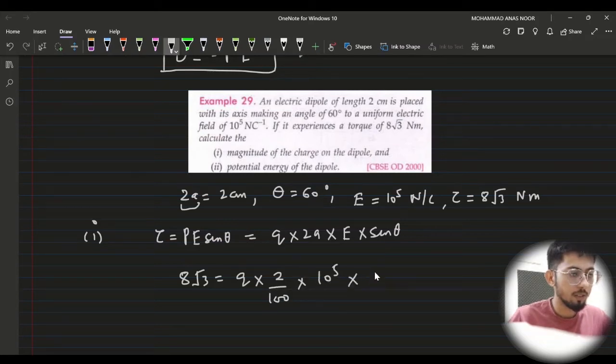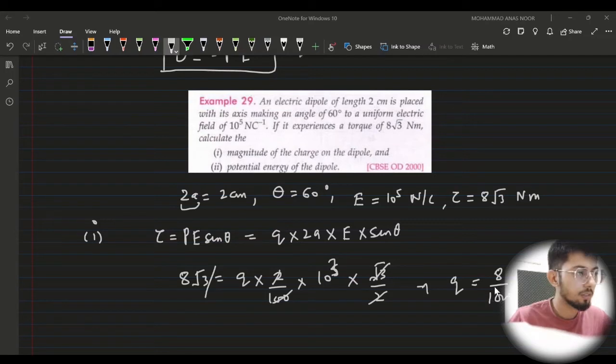Sine 60 is root 3 by 2, so the 2 cancels out. This would become 10 to the power 3. The 3 also cancels. Q is 8 divided by 1000. So 8 into 10 to the power minus 3 coulombs.